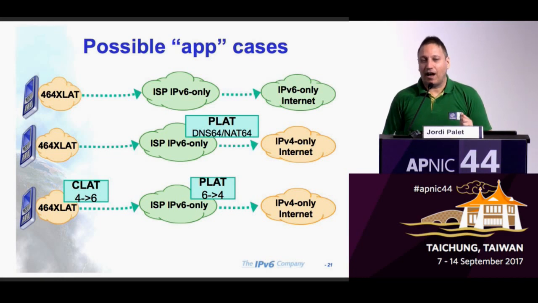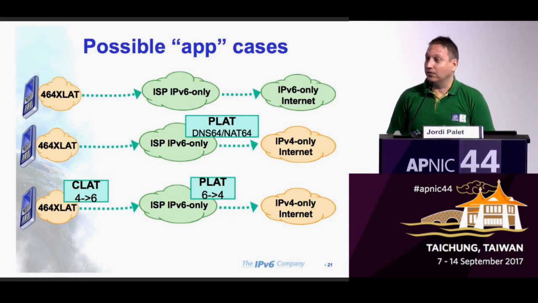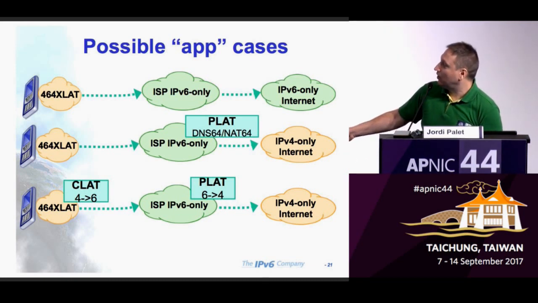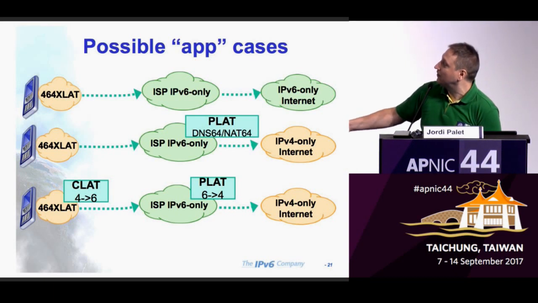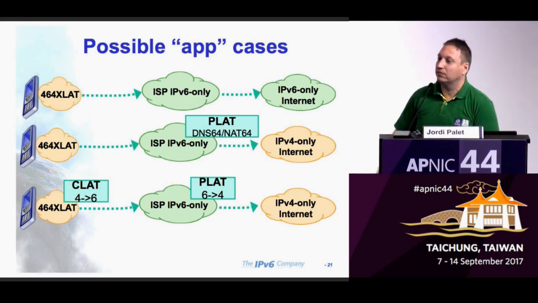Apple said, I am the big boss. If you want to have your application in my App Store, you support IPv6, or I kick off your application. Okay? So what that means? They don't have the CLAT because they don't need it, because everything is IPv6. So it's working here or here.